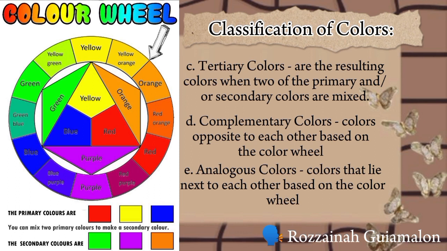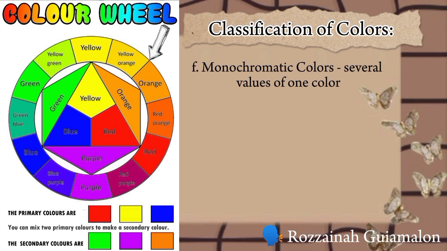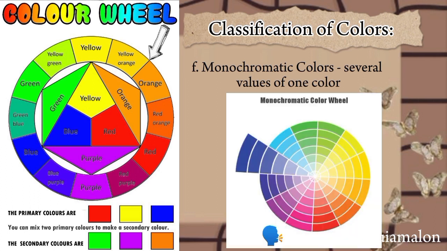Sumunod, meron tayong monochromatic colors. Ito naman yung mga kulay na may tint, tone, at shade. Tumutukoy naman ito sa isang color scheme na batay sa mga pagbabago ng isang single na kulay. Upang lumikha ng monochromatic color scheme, magsisimula ka sa isang base color at pagkatapos ay i-adjust ang kanyang brightness, saturation, or value upang makabuo ng iba't ibang mga variation.